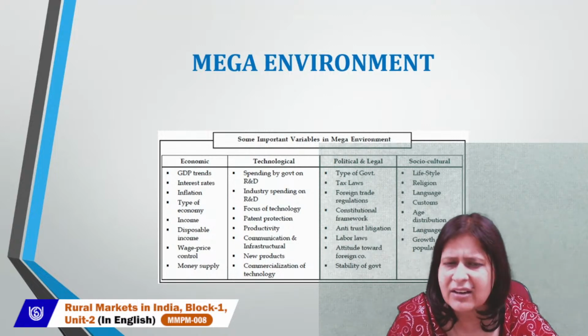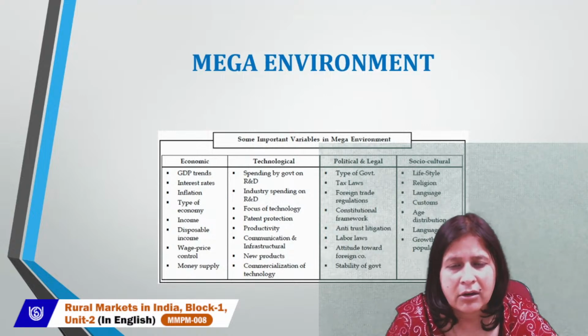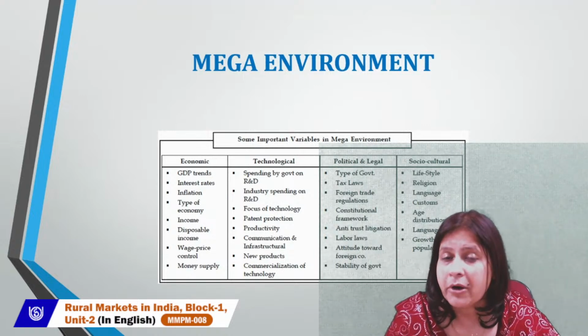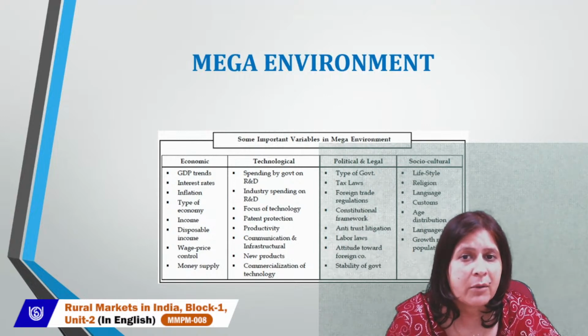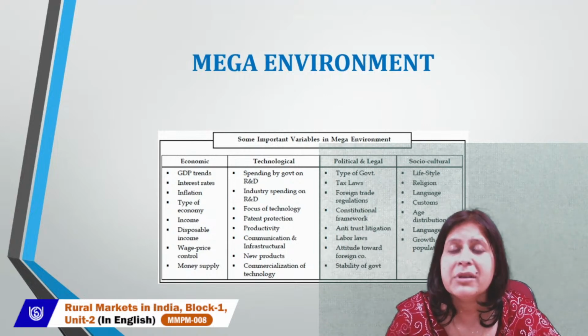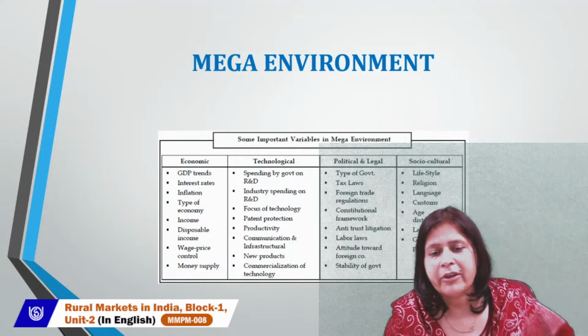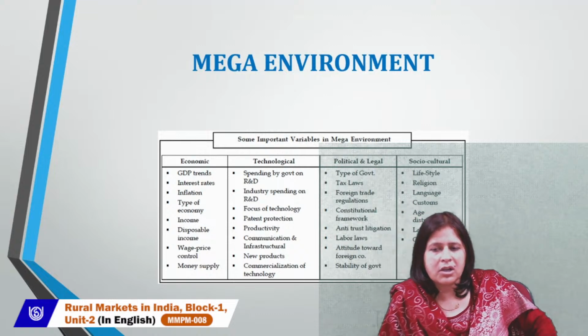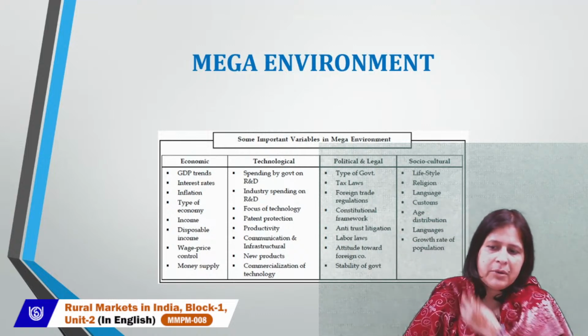That's the type of the government. Stability of government is not in control of anyone, but as we all know, politics and the legal environment impact the business, right? Then another factor is the socio-cultural factor, like lifestyle.